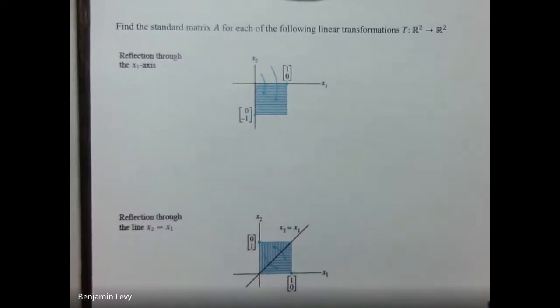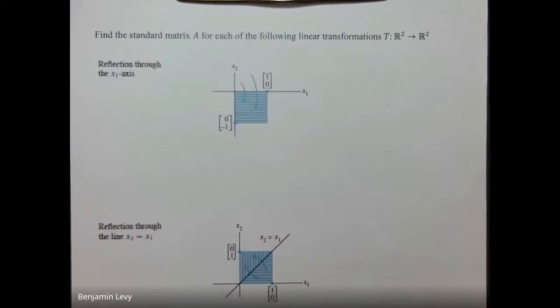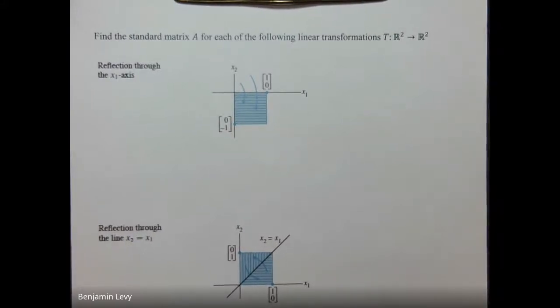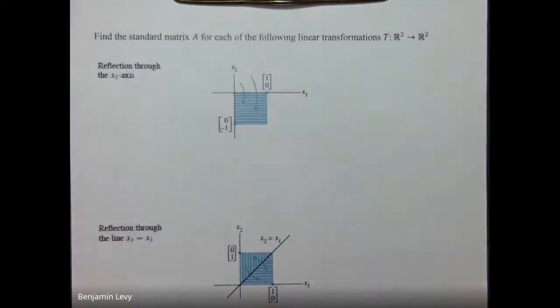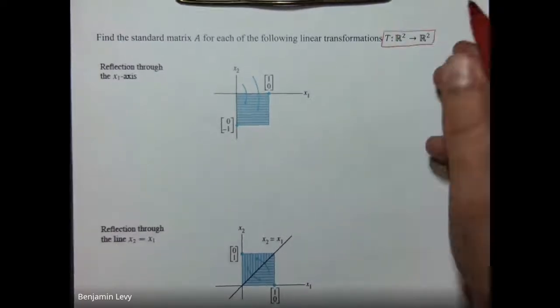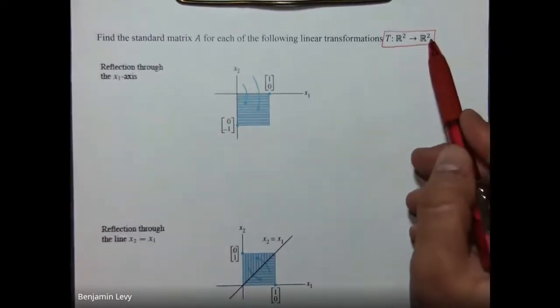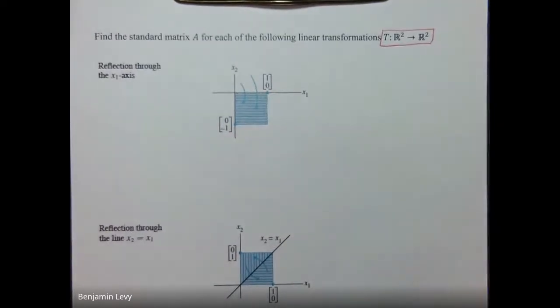And using that image, we should be able to apply the theorem we just learned about and determine the matrix A. Right? So find the standard matrix A for each of the following linear transformations. And in each case, the transformation is accepting vectors in R2 and it's keeping them in R2. In other words, it's taking a two-dimensional picture and just changing it around.